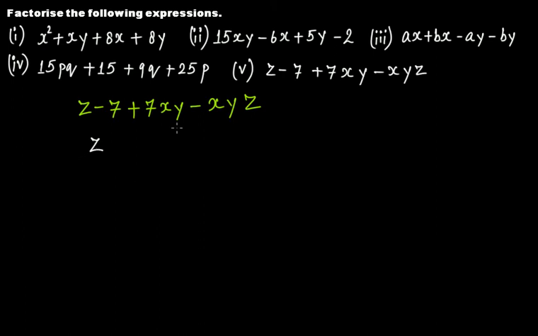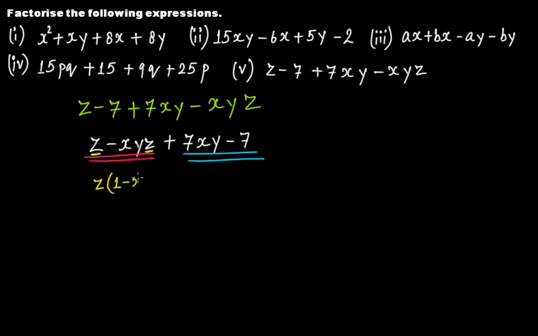So this is z and this is minus xyz. Group them together, then this plus 7xy, and then this minus 7. So we are going to take these two together and these two together. From here, this is z here and z here. Take z outside, the common factor. So inside the bracket you'll have 1 minus xy.